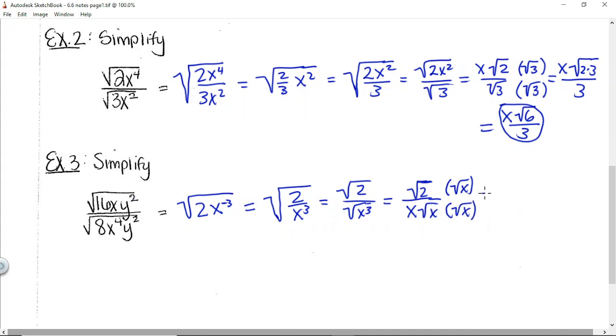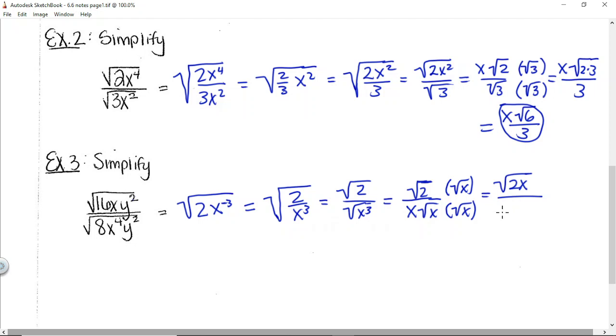So in the numerator, it all goes under the radical. We can combine them inside one radical, right? We're multiplying radical expressions, so multiply the radicands together, and that's 2, and x goes inside the radical. The radicands multiplied.